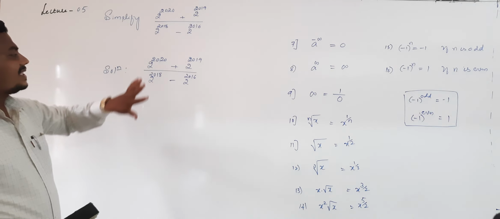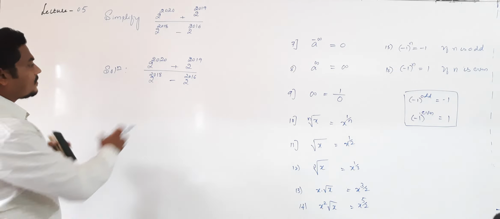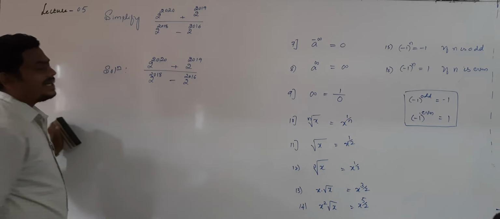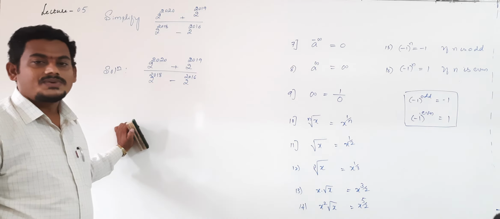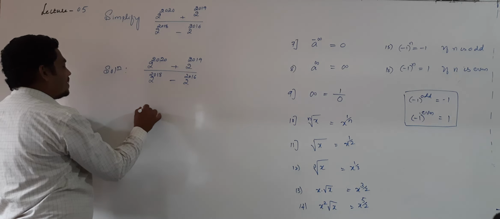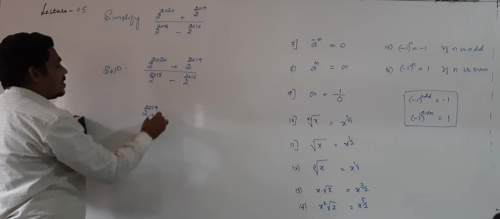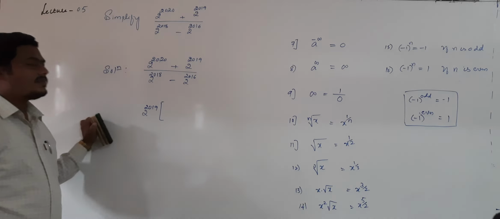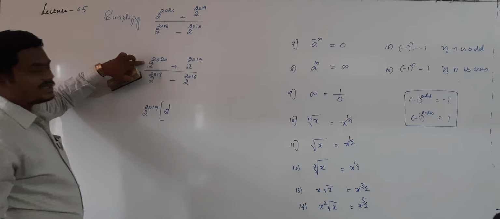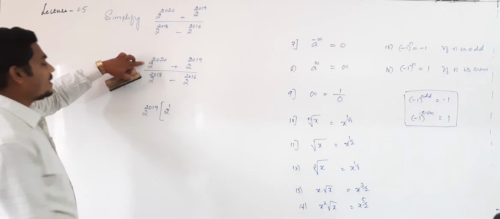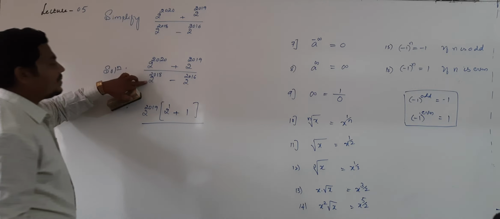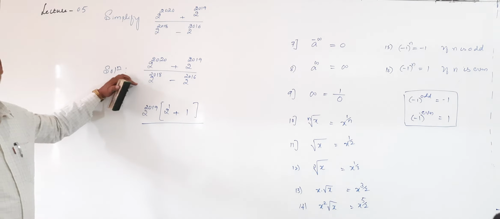Now just look at the numerator expression. In these two terms, what is the minimum power? 2019. Taking 2 power 2019 common, what is the remaining expression? It remains 2 power 1 plus 1. In the denominator, what is the minimum power? 2016.